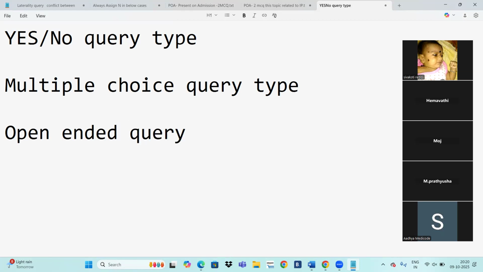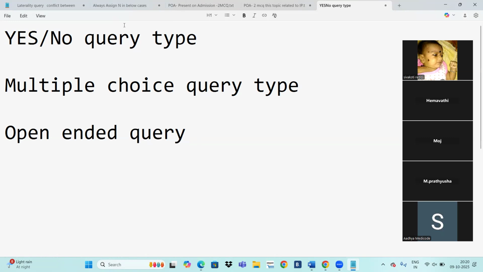Of these 3 formats, any one format we need to use based on the query issue. So any one of these 3: yes or no format, multiple choice query format, or open-ended query format. Any one format we need to use to raise the query.